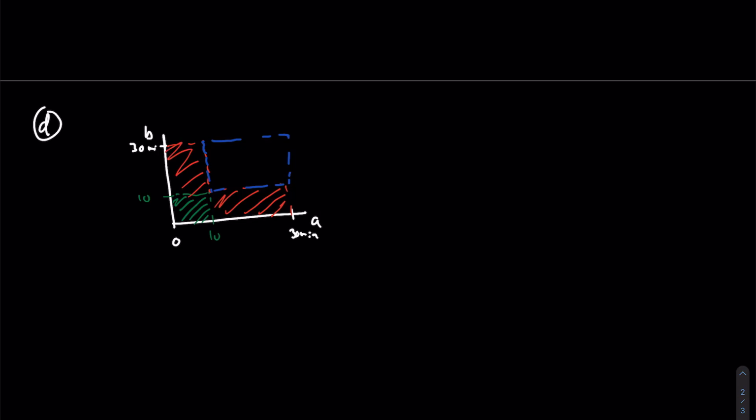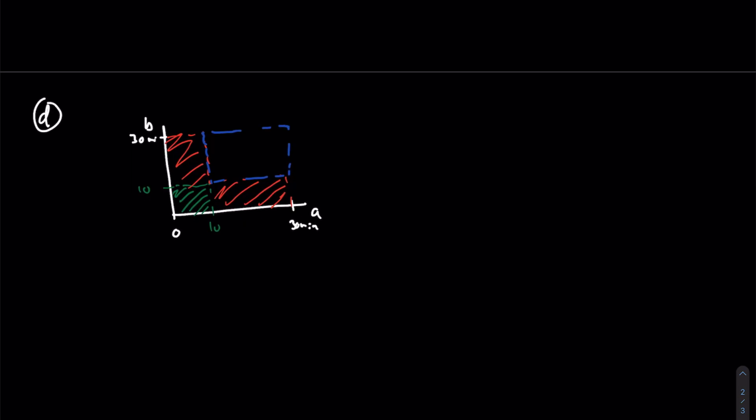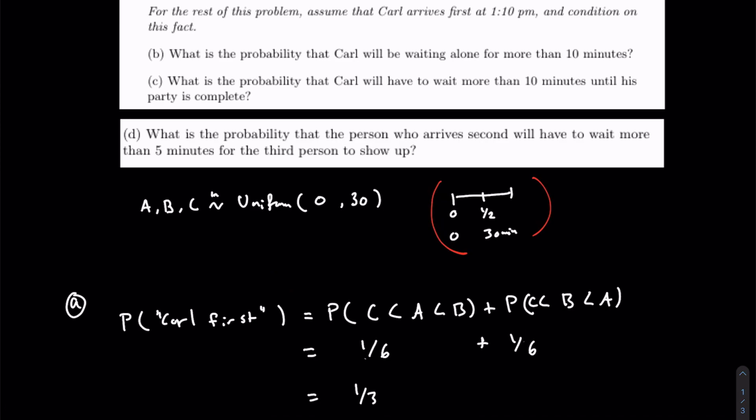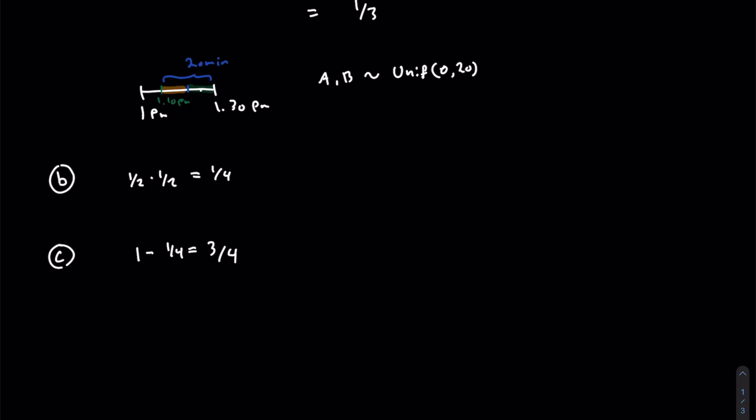Okay, and here, let's go back to the question, what's the probability that the second person has to wait more than 5 minutes? More than 5 minutes. So again, thinking about the distance between Alice and Bob's arrival time, this has to be larger than 5 minutes.